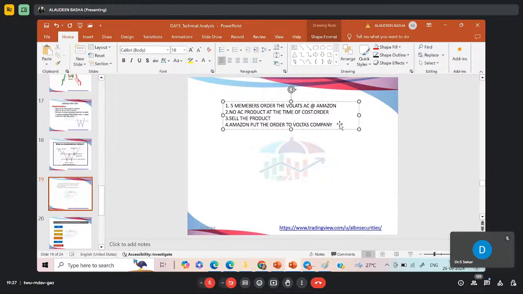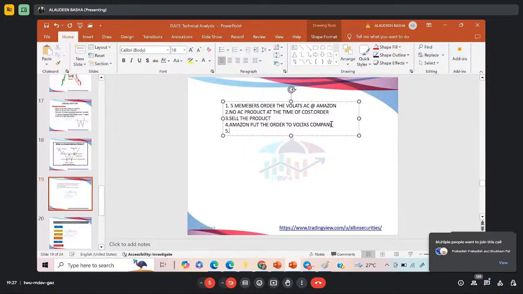And the last step is, once Amazon receives the product from Voltas, which will take 1 day or 2 days or 3 days, Amazon delivers the product.